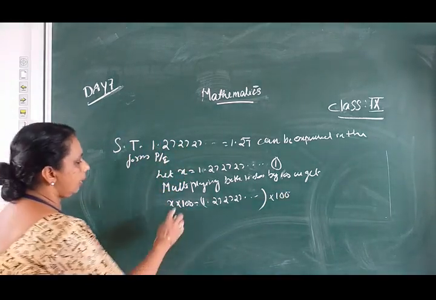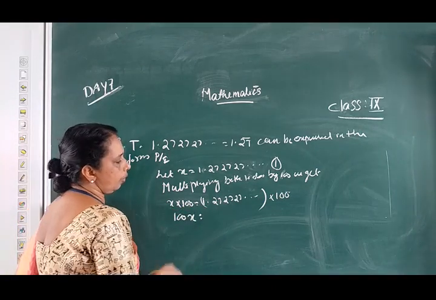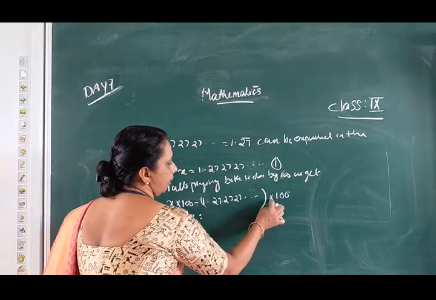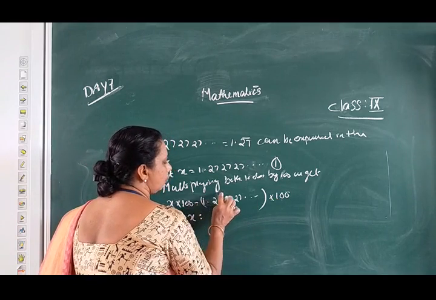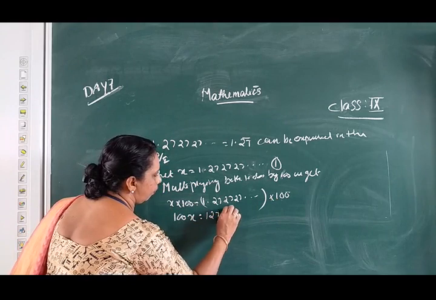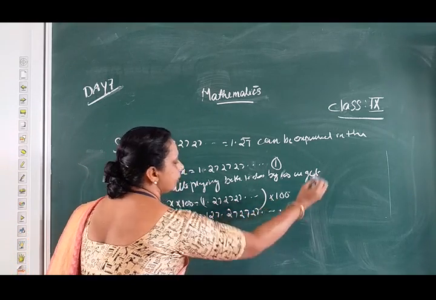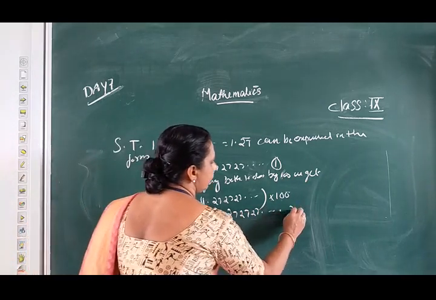Left hand side 100x. Right hand side, multiplying by 100 means the decimal moves after 2 digits. We get 127.272727 etc. That is equation number 2.